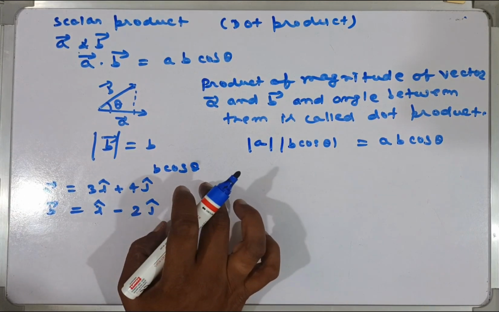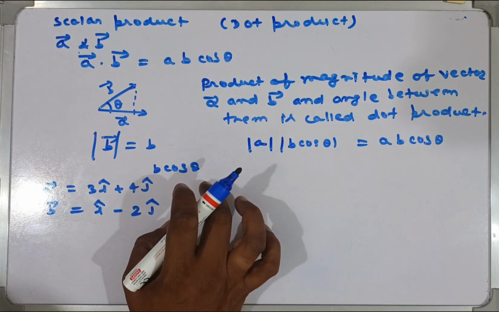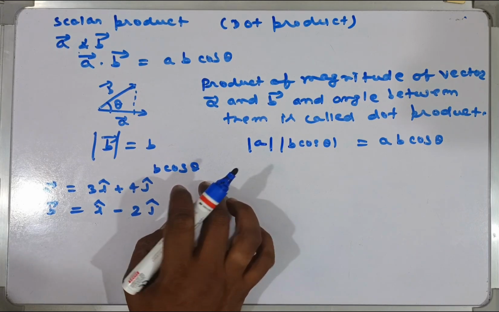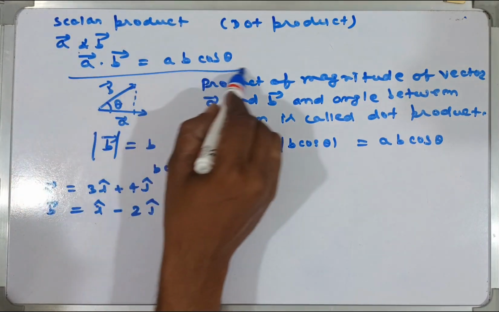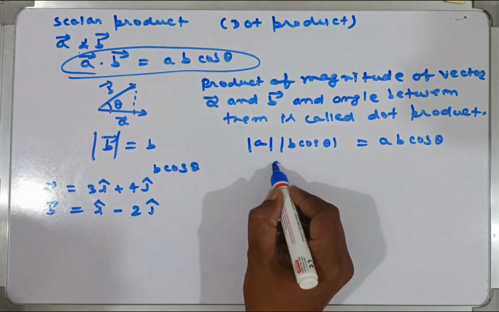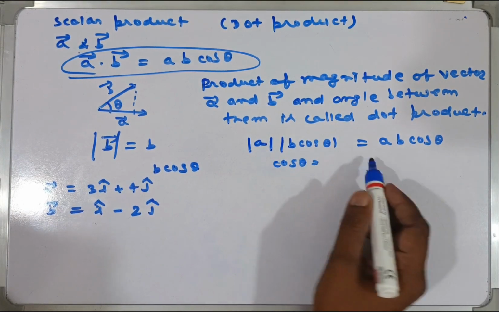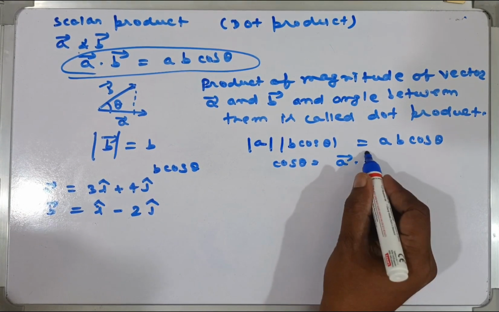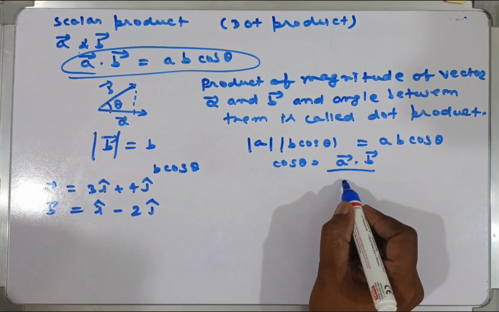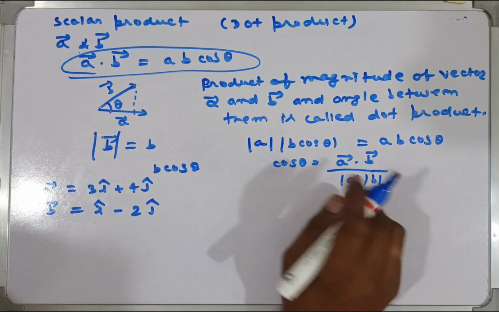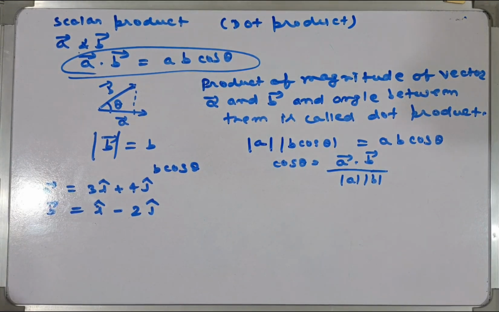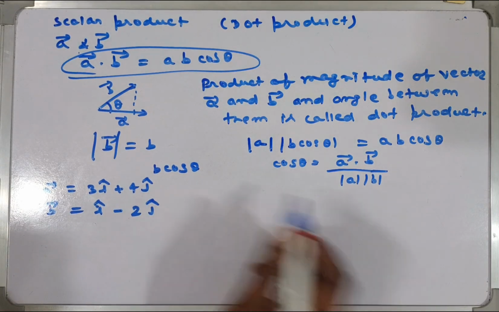So what will be the angle between these two vectors? So guys, here you can see cos theta equals the dot product of two vectors divided by the product of the magnitudes of the two vectors, which gives cos theta. So you can find out the angle between two vectors.